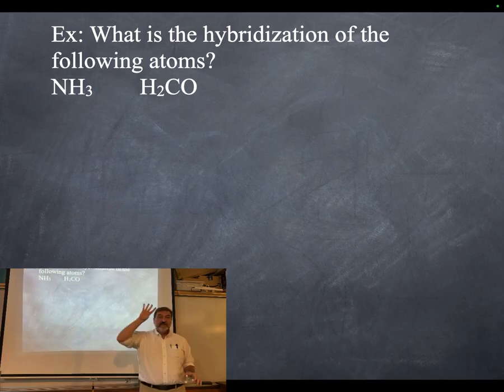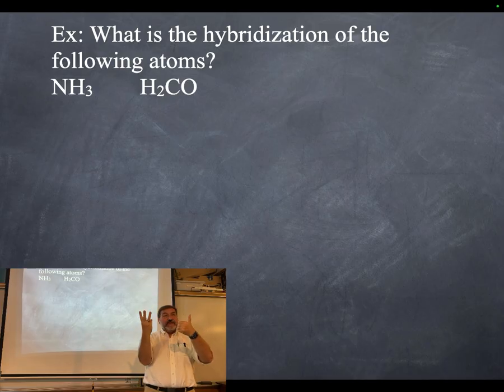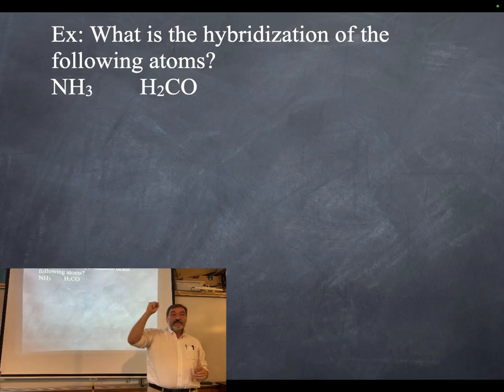Around the nitrogen, there are 4 electron domains. So you take an s orbital and add in 1, 2, 3 p's. Why 3? Because I had to get to 4 electron domains, 4 orbitals. So 1 s orbital, 3 p orbitals, mix them together, and you get 4 sp3 hybrid orbitals.